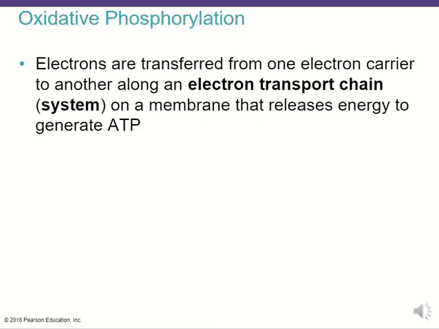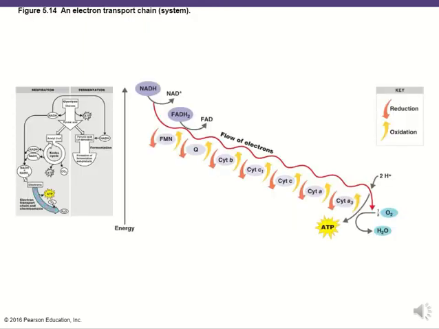During oxidative phosphorylation, electrons are transferred from one electron carrier to another along a long chain of electron transport systems. Essentially, an electron moves from one component to another, and on the way, within the membrane, this helps release energy that's needed to generate ATP from adenosine diphosphate.